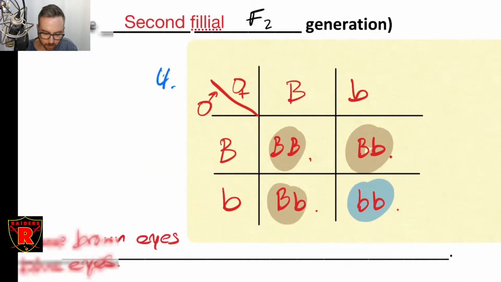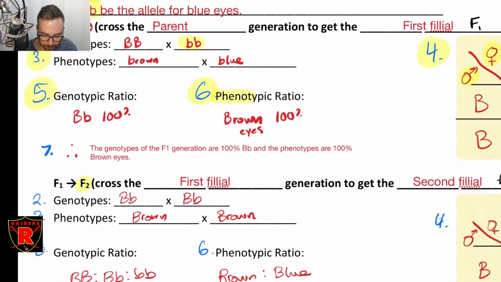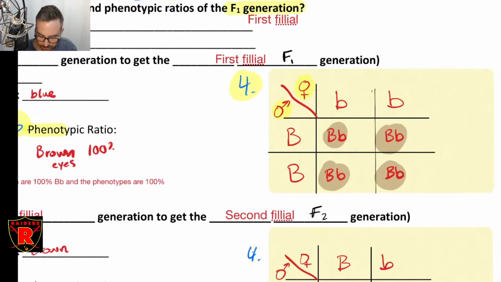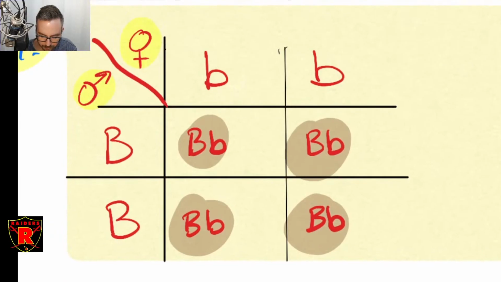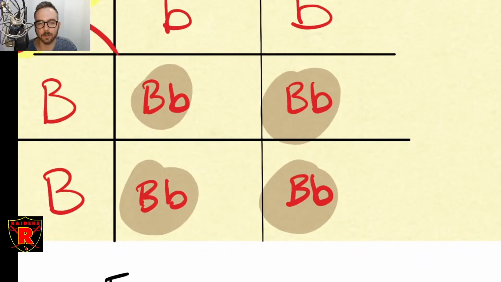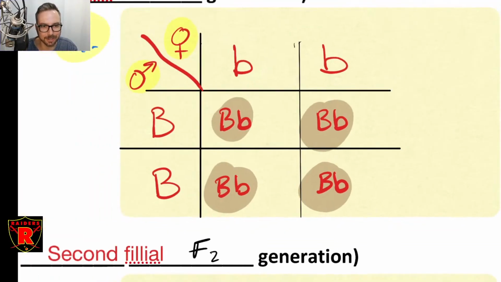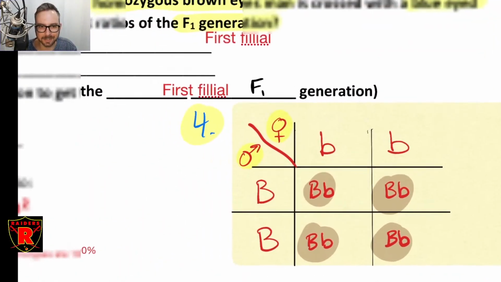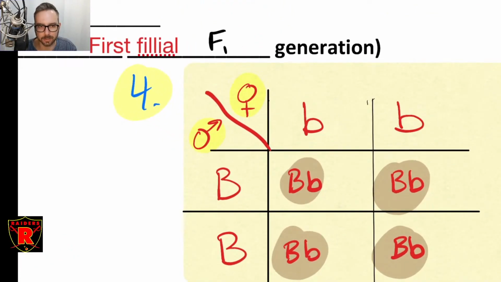So we call the first breeding the first offspring. In this case, these big B little b's would be the first offspring generation from these parents. We call that the first filial generation, or the F1. Why fillies? Again, it's because of the horse breeding connection, and we just stuck with that word for some reason. Biologists, I don't know, they could have called it something else, but it's because of its association with horse breeding.